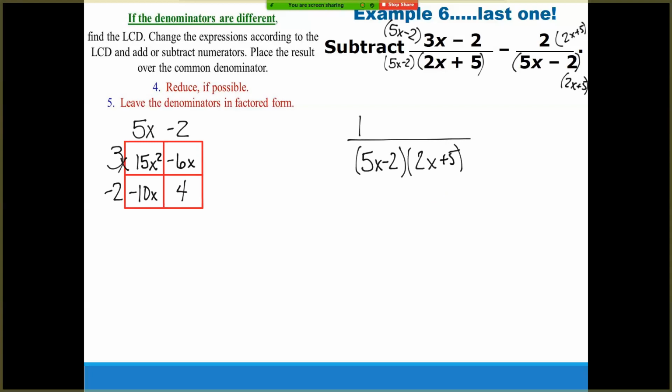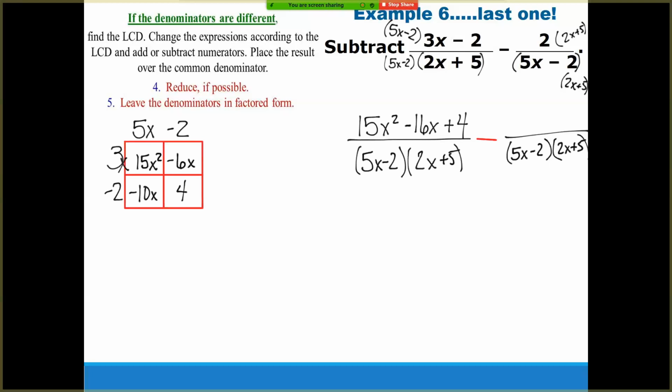All right, so my new numerator is going to be 15x squared minus 16x plus 4. Don't forget the minus sign in the middle. Then for your second fraction, again, the denominators are going to stay the same, 5x minus 2, 2x plus 5.